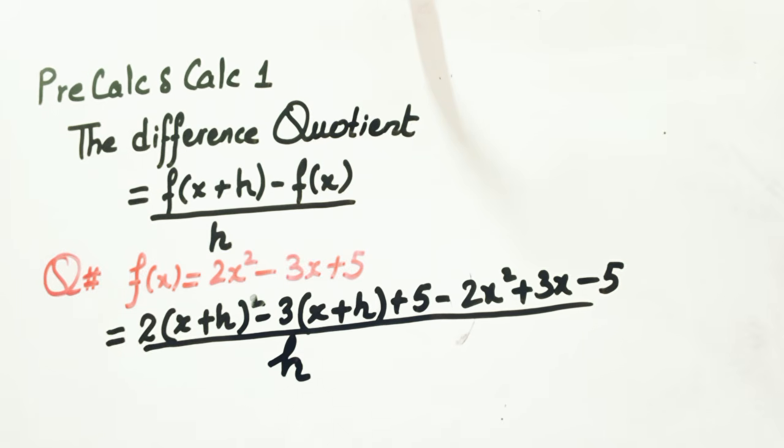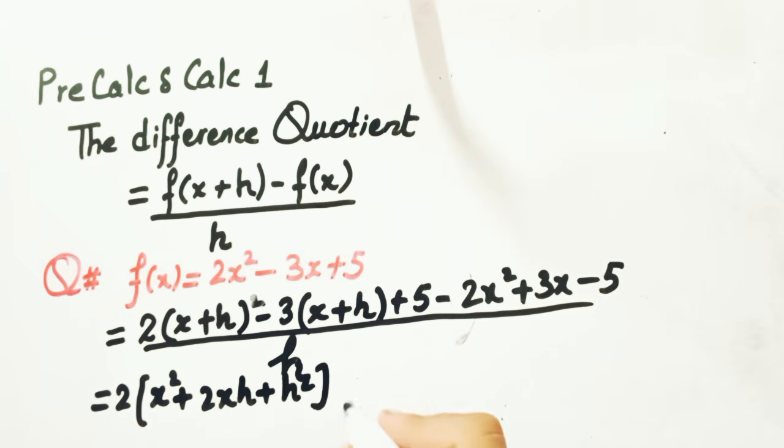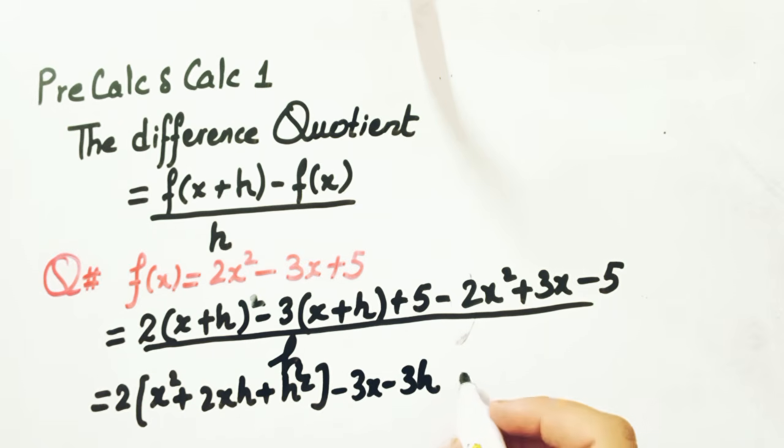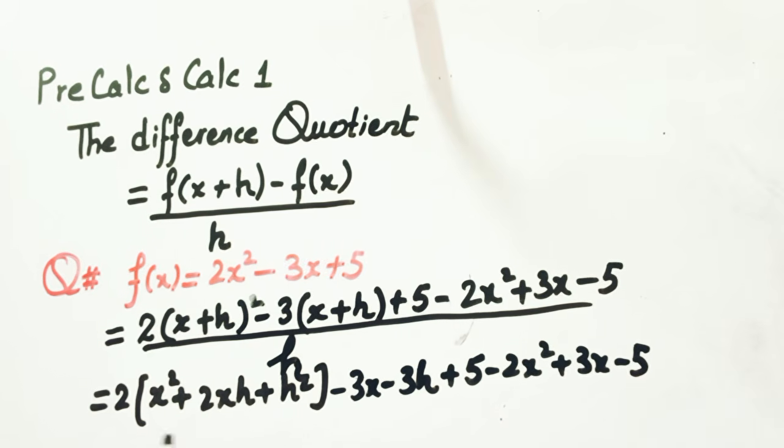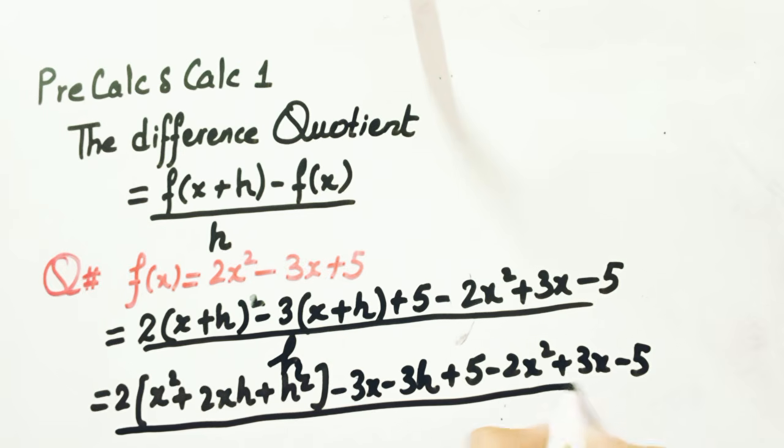So we will solve this as, first of all, open this square. This is 2 into x square plus 2 of xh plus h square, and this is minus 3 of x minus 3 of h plus 5 minus 2x square plus 3x minus 5 divided by h.